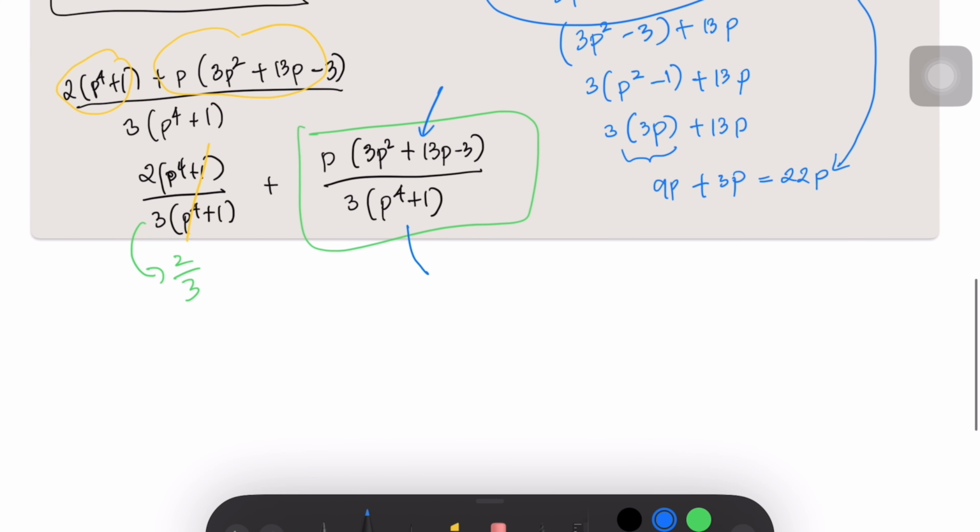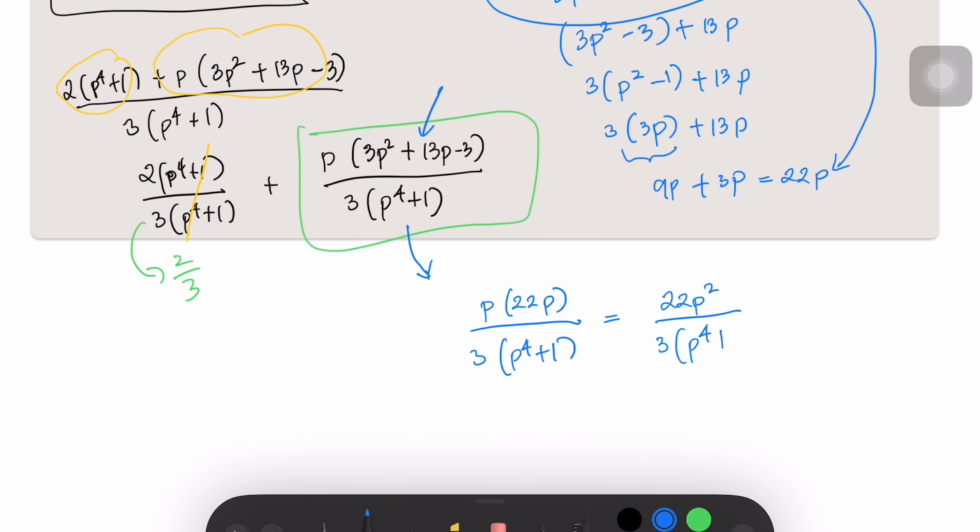Now let's go back here and substitute what we know. This is p times 22p over 3 times p to the fourth plus 1. This would simplify to 22p squared over 3 times p to the fourth plus 1.